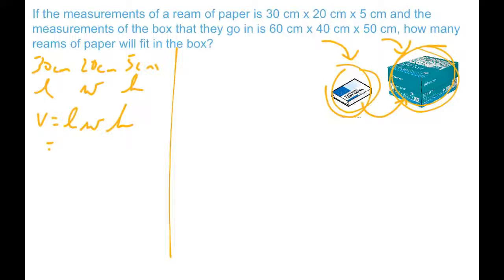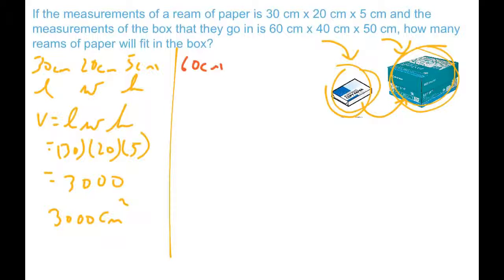So here, length 30 times width 20 times height 5. 30 times 20 times 5, 3,000. And that's 3,000 centimeters squared.